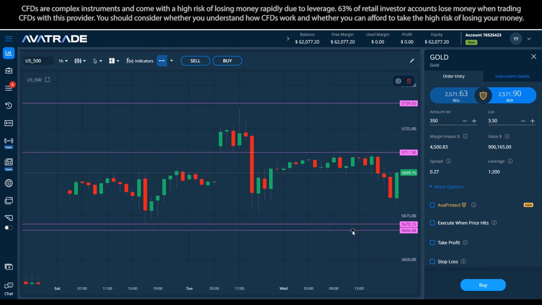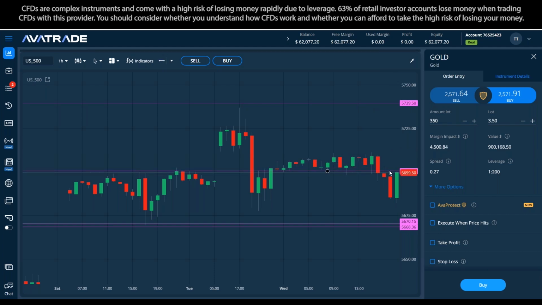So price hits 56.68 down here, then I'm selling. Price breaks through and hits 57.39, then I'm buying. And that's about an equal distance from where the current price is, up or down.